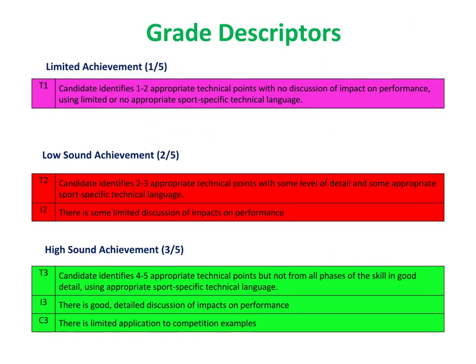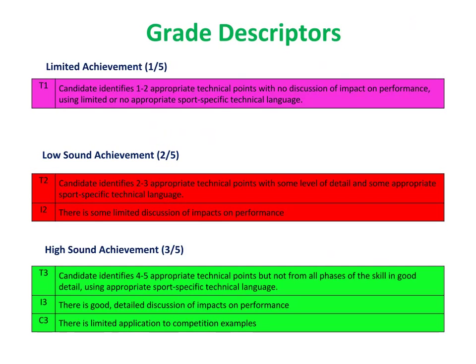So here we go. For limited achievement, you can see a couple of technical points, no discussion of impacts, no real applied knowledge, no real technical language. If we get into a 2 out of 5, you can see that we're getting into some level of detail with some appropriate language, but limited impacts.